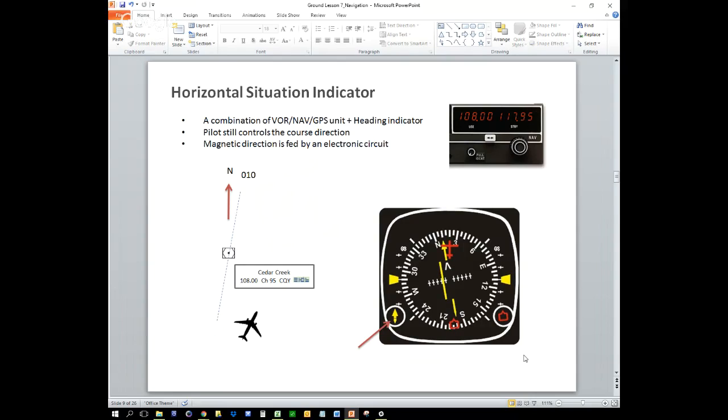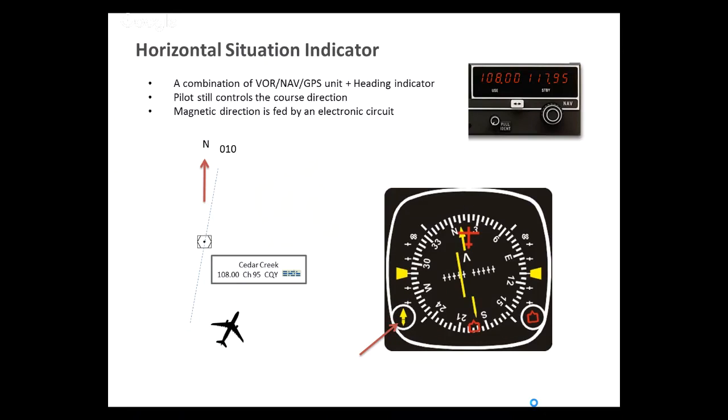The HSI does happen to know what heading you're on, because this instrument combines a VOR with a heading indicator. This compass rose actually turns as the aircraft turns, just like your heading indicator does on your gyro instrument.